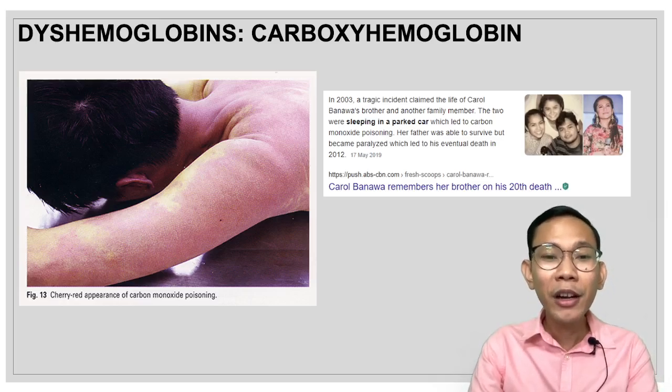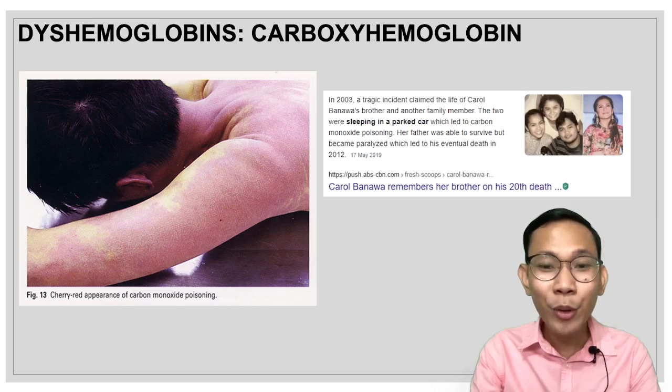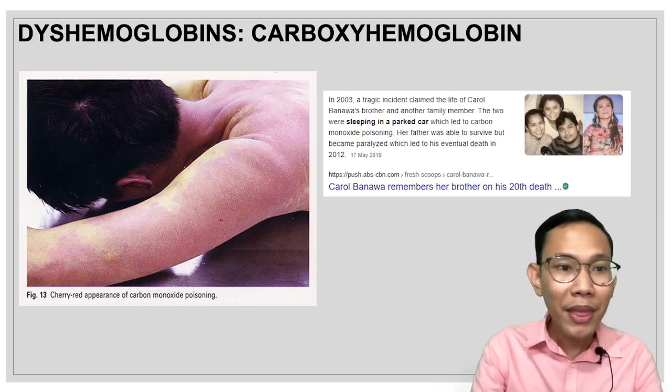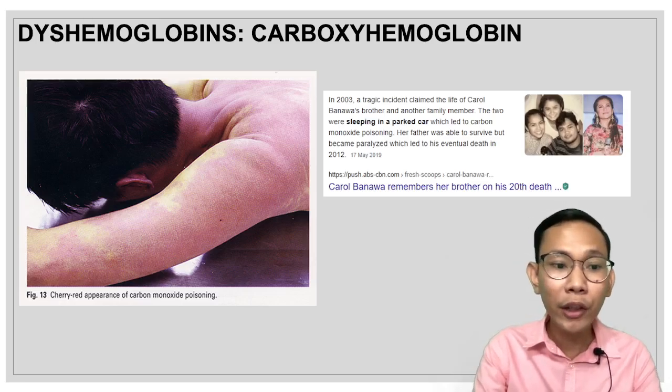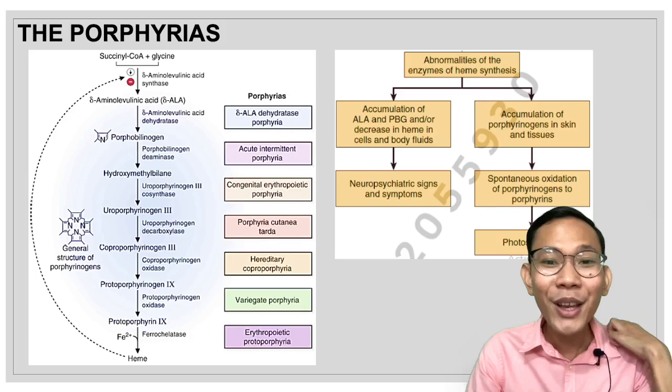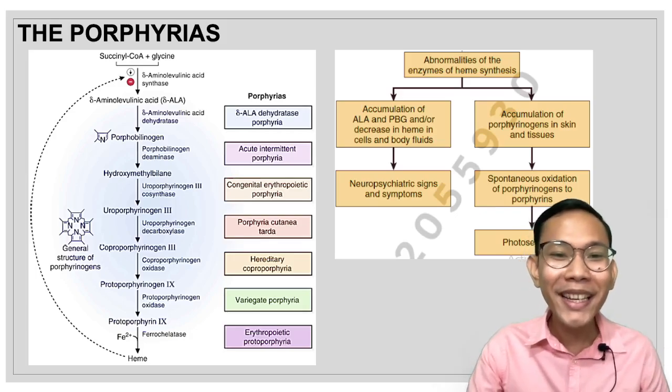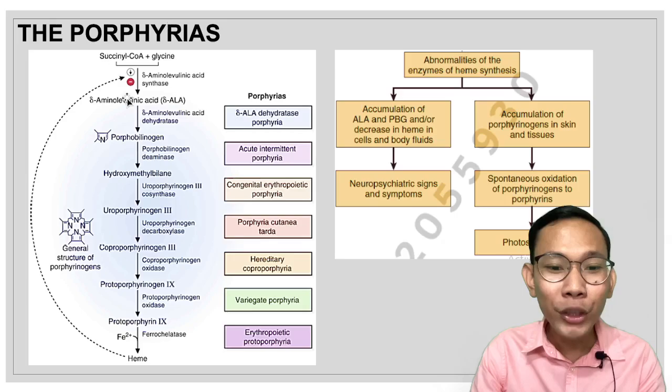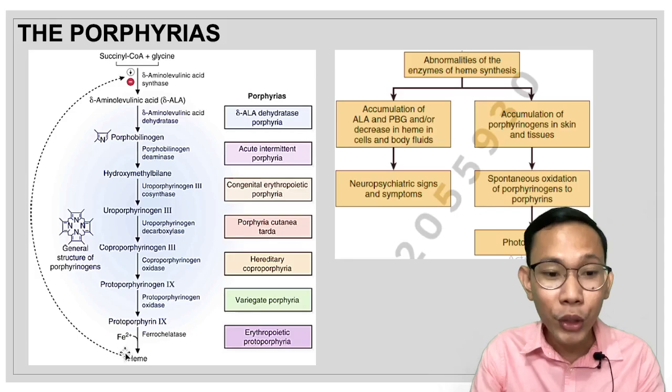So that's these hemoglobins, your methemoglobin, your sulfhemoglobin, and your carboxyhemoglobin. Now, let's proceed. This is only the last group of clinical disorders na lang, your porphyrias. Diba? Di-discuss natin yung heme production natin from your succinyl-CoA and glycine up to the formation of your heme.